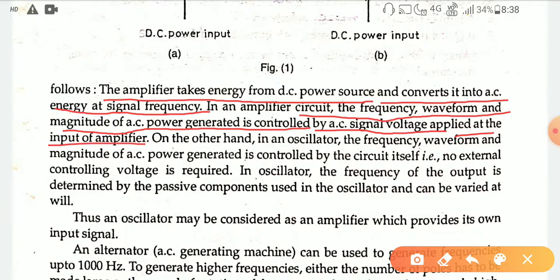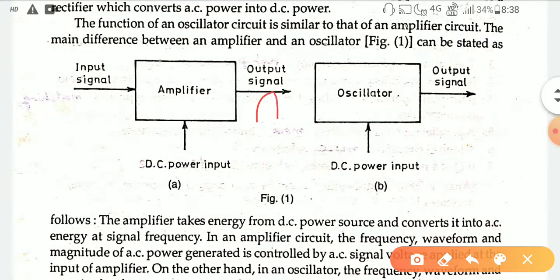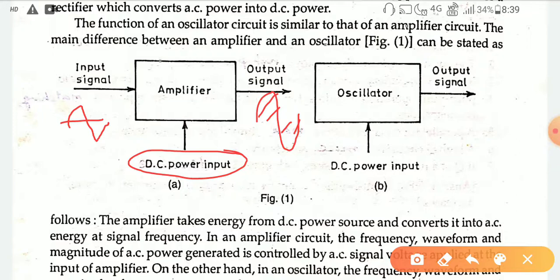So, which I already told you, the waveform at the output side will totally depend on what kind of waveform you are applying at the input for the amplifier. There only the amplified version will be produced, with the DC input providing the energy or power to the input signal for amplifying.